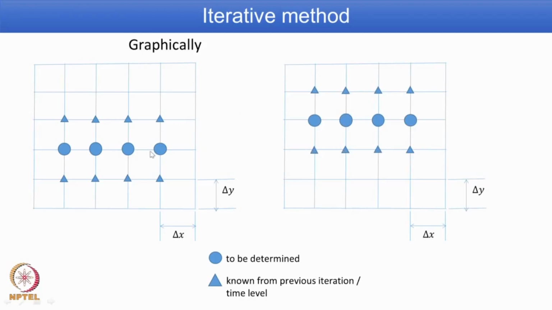Now for the same line j, it becomes a triangle, that means it is a known value, and this triangle becomes the unknown value along the same j, and then we have the previously iterated value just above. So, this way you repeat this procedure and you get the complete solution.